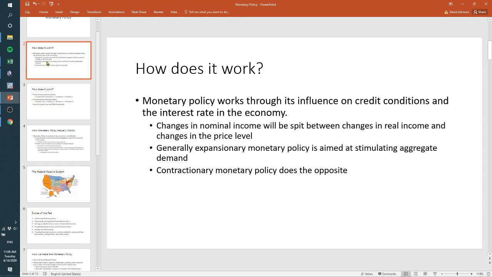So let's go ahead and just write this question out, and I'll give you a few moments to answer it. Let me find my mouse cursor. Contractionary, sorry.